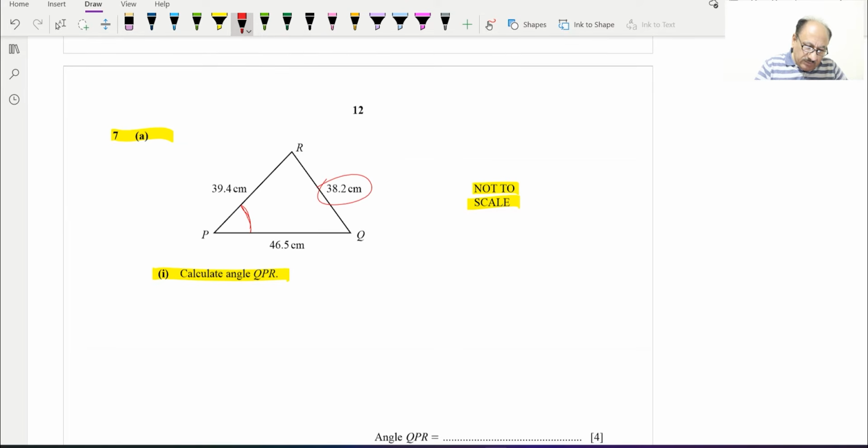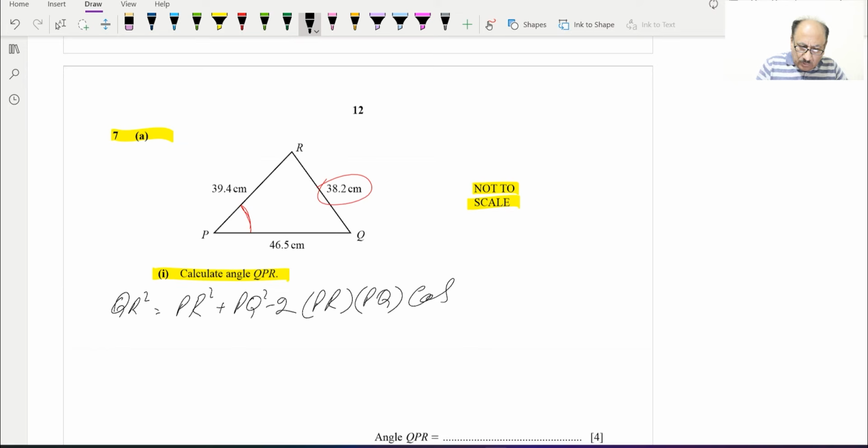So this side, which is QR square, we can write cosine rule, and the cosine rule will be QR square is equal to PR square plus PQ square minus 2 into PR into PQ into cos of angle QPR.